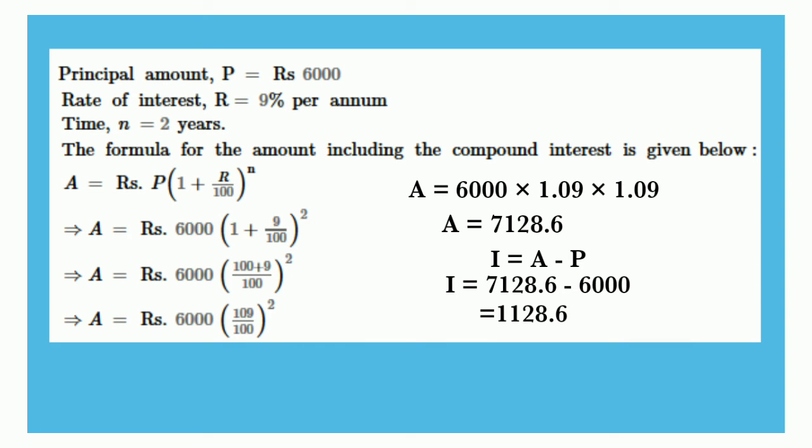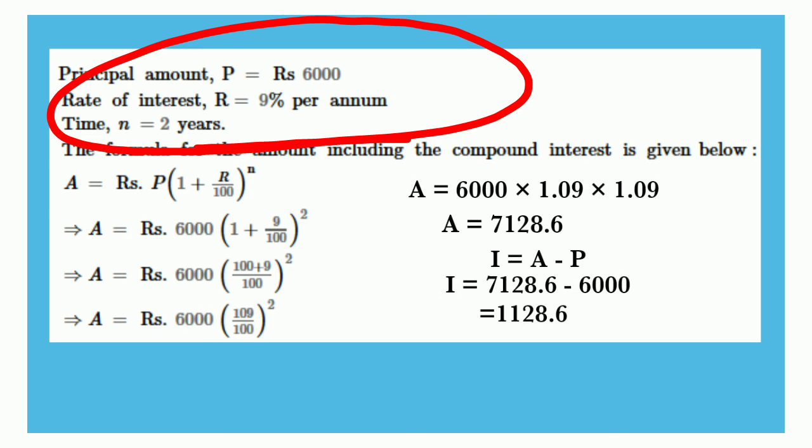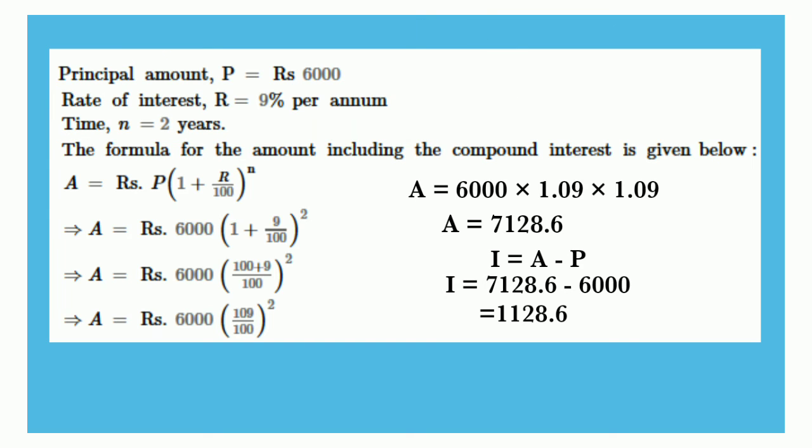So we have to check one problem. Here the principal amount is given, P equals 6,000 rupees. Rate of interest R is 9% per annum. Time in years, N equals 2 years. So we have to find the compound interest. First of all, we have to find the amount after 2 years. What is the amount the bank will give after 2 years?